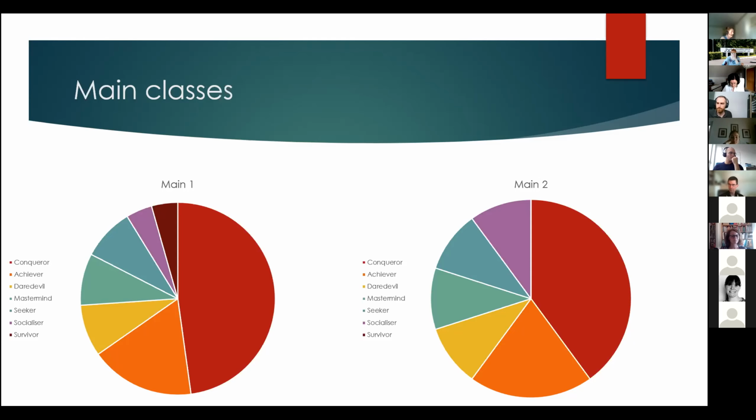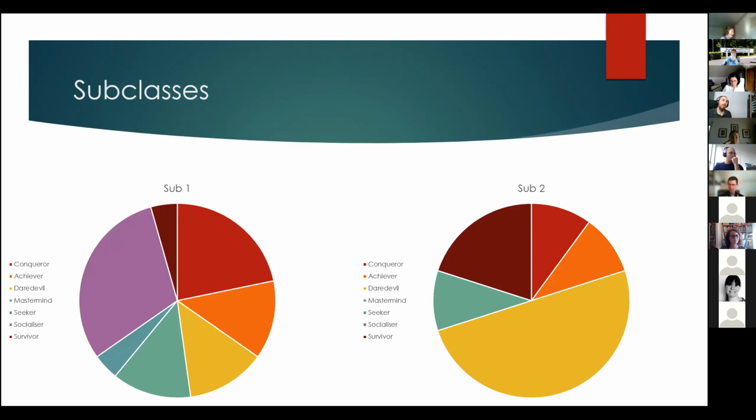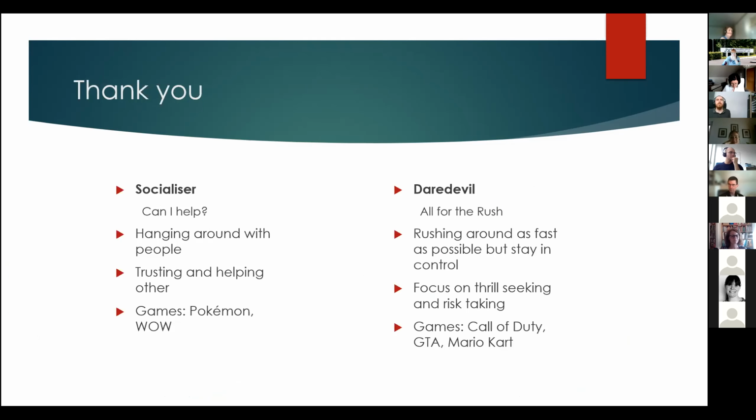But if you go to the second class, you can see absolutely no socializer was in the second class, but there were a lot of daredevils. The rest was quite similar, but it was really interesting that there were absolutely no socializers and a lot of daredevils. What are socializer and daredevil?